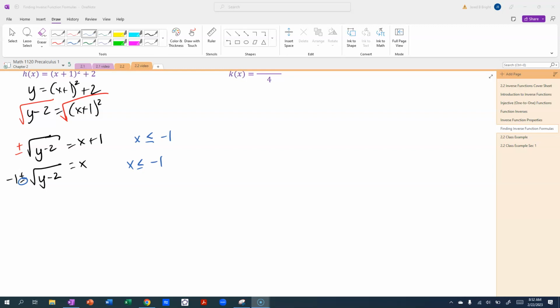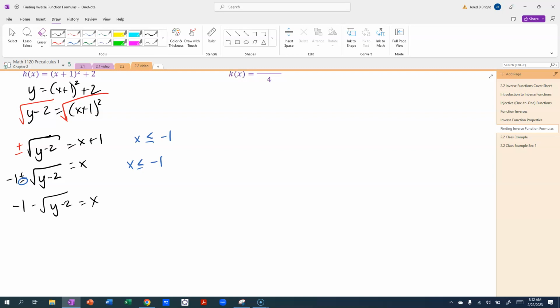Normally, will you have to make this condition? No, I'll probably give it to you, but just so you're aware, a plus and a minus violates the one-to-one property, so we need to pick between them using that extra condition.